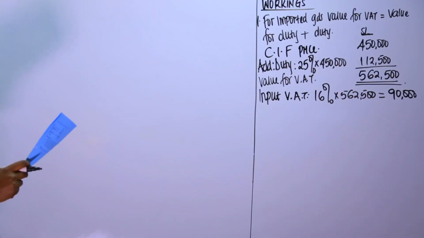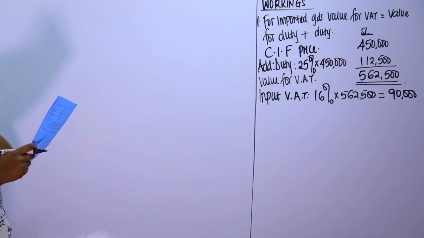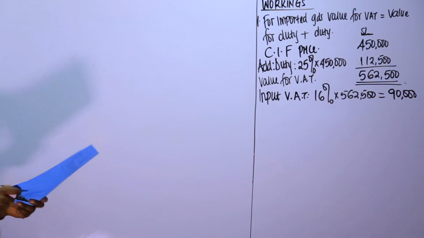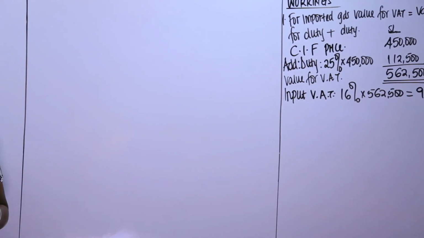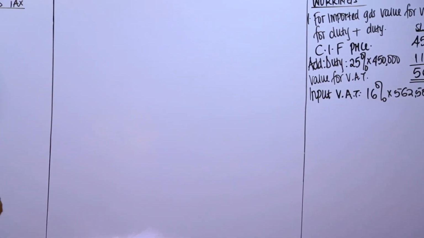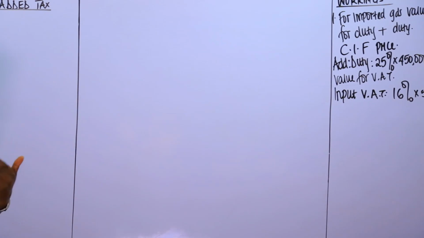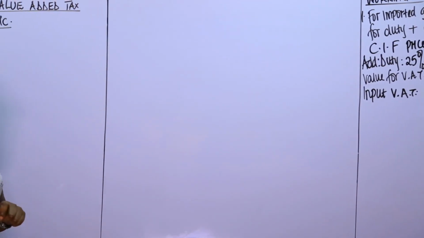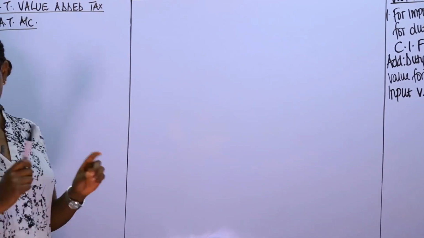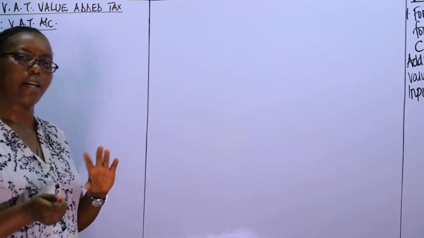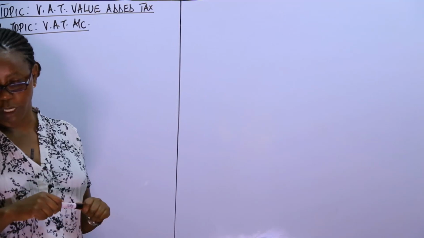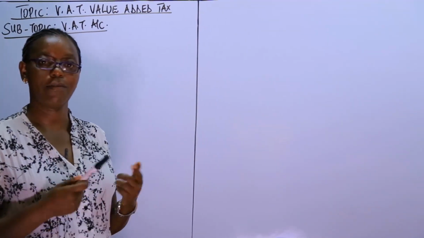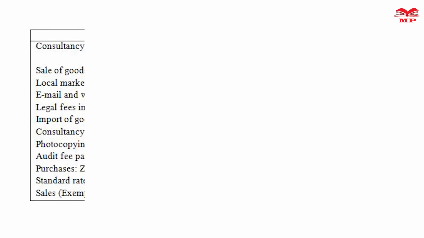Then consultancy fee, clients with goods on transit. Again, from that schedule of zero-rated supplies, when you offer taxable supplies to someone who's transporting goods, whose goods are on transit from Kenya to another country, that is zero-rated. So that being zero-rated, John shall collect VAT at 0%, 0.